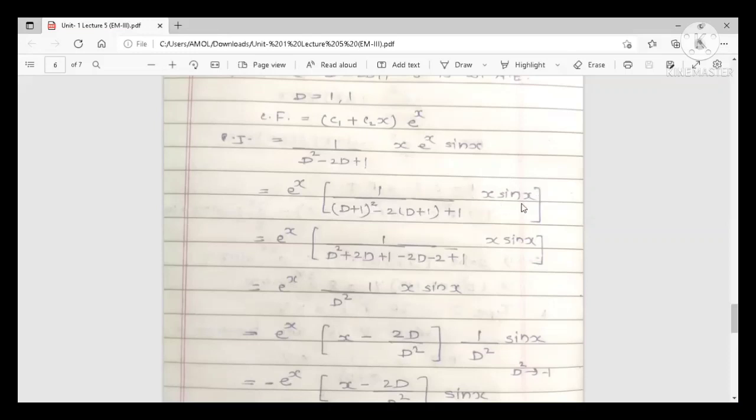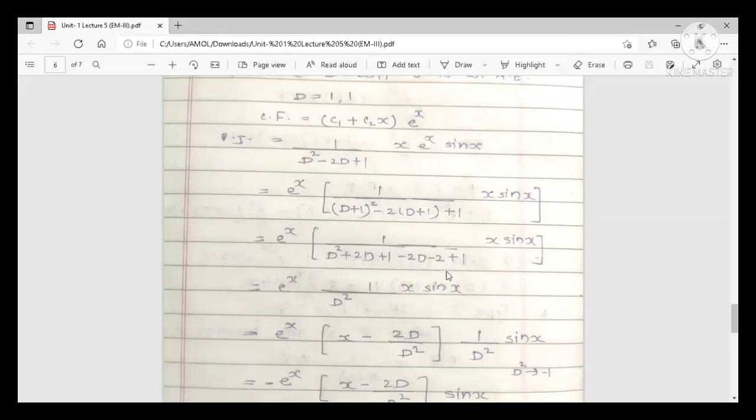Now simplify the denominator: d plus 1 whole square expands to d square plus 2d plus 1, minus, solving this bracket, d plus 1 into 2, so the term is minus 2d minus 2, plus 1, into x into sin x.